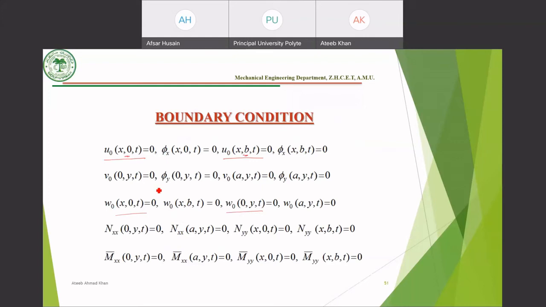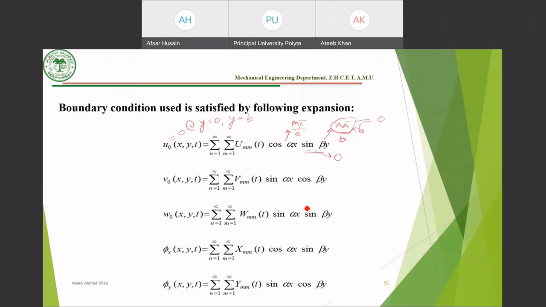Similarly, I can also prove it for v naught at x equal to 0 and x equal to a, and for phi x and for all the other components. But I will only show you for w naught, where it is 0 at y equal to 0 and y equal to b, and again at x equal to 0 and x equal to a. Since w naught is to be 0 at all four boundaries, the assumption is that the expansion is in terms of sine.